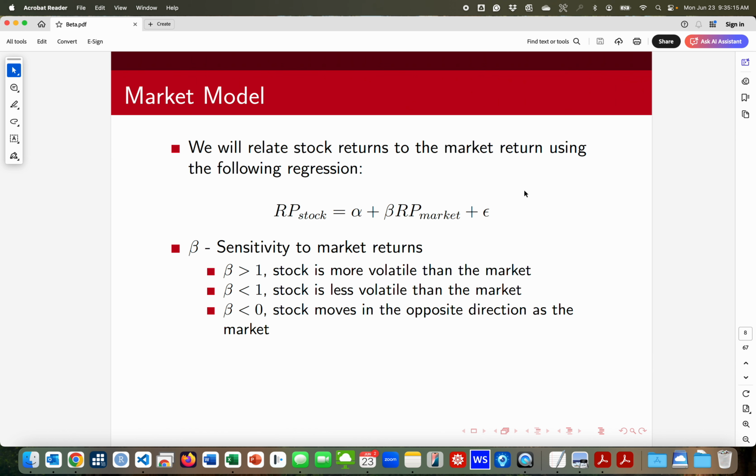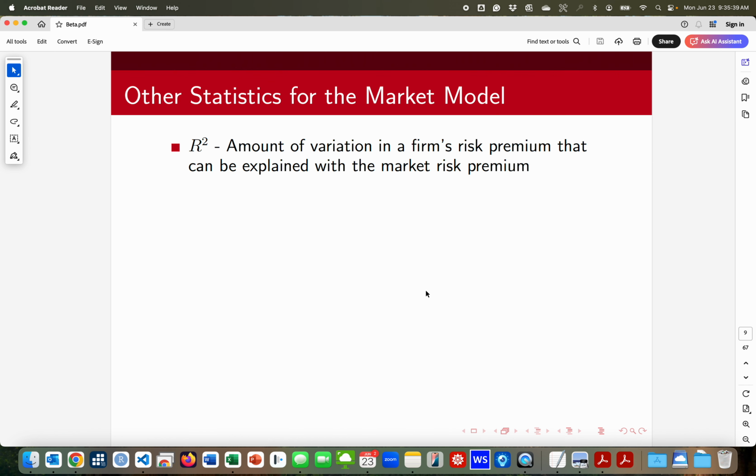If you think about an index fund like SPY, some kind of S&P 500 index fund, it's going to have a beta of 1 because it's designed to move with the market. So if the market's up 5%, that index will be up 5%. That's how you would get a beta of exactly 1.